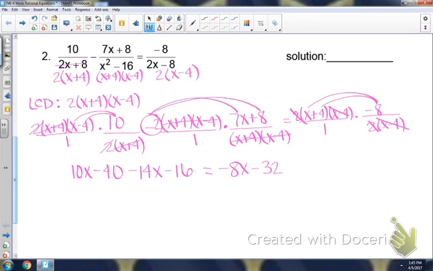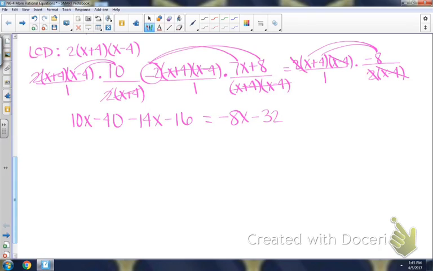Okay, so notice that we have like terms on the left side, so let's go ahead and combine those. So that will be negative 4x and that would be negative 56. So now we have a linear equation. We're just getting x by itself, so we need to move the x's to one side. So I'm going to add 8x.